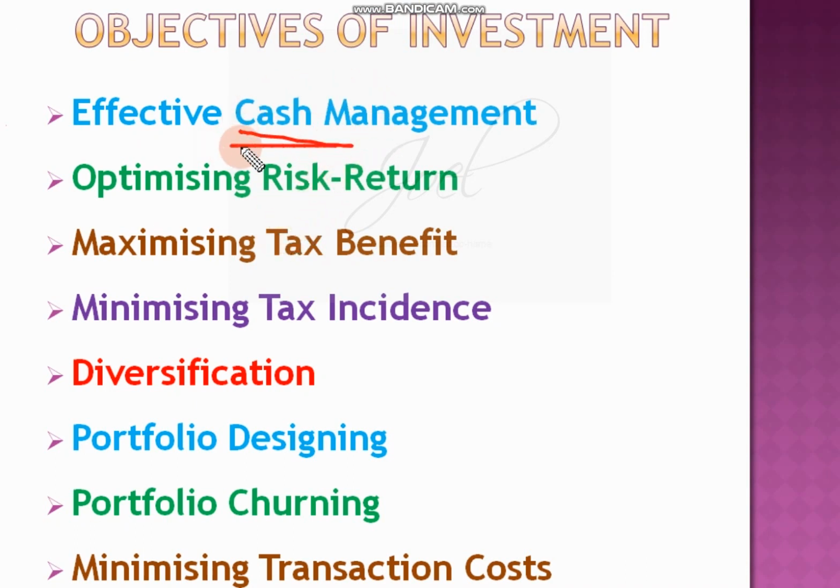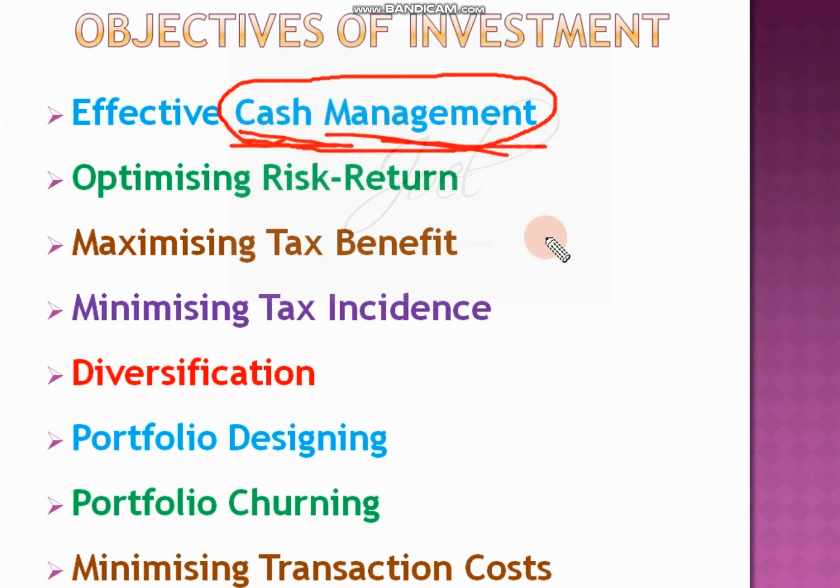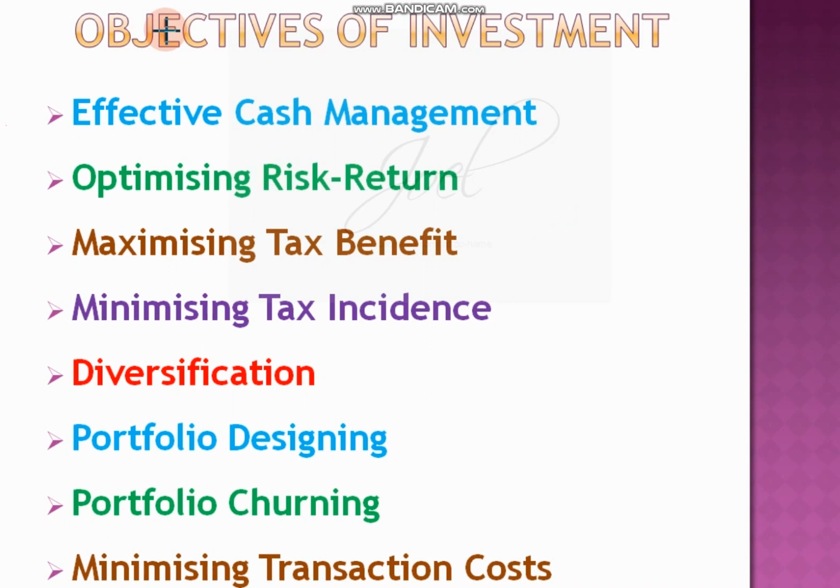In each point we'll see the keyword. So here it is cash management. How will you do it? Some people invest mainly to manage their funds, their liquid cash. Now here one thing we should know about liquid assets.